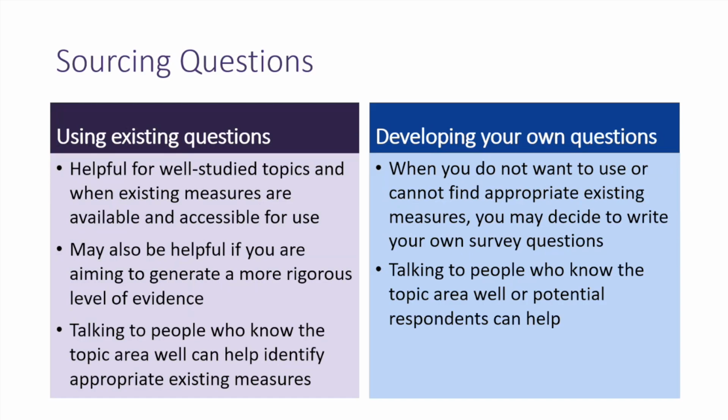So where do we get our questions from? There are lots of topics that have survey questions that are commonly used and well developed. So you can think about food insecurity, depression, physical activity, and some of those questions and topic areas are more readily accessible than others.